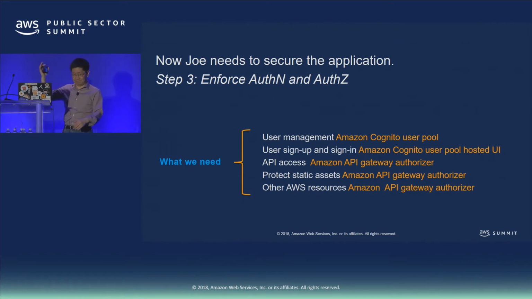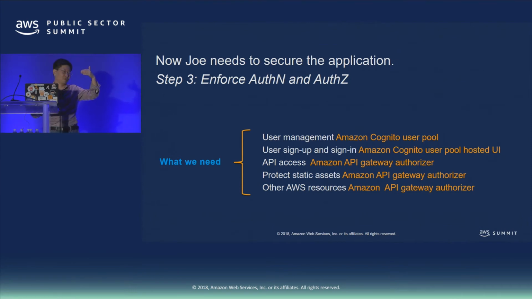Cognito does integrate with API Gateway. So in API Gateway, when you create APIs, you can choose a different authorizer. You can choose a user pool authorizer to do the authentication for you. You can also choose a Lambda authorizer to do a lot more things.